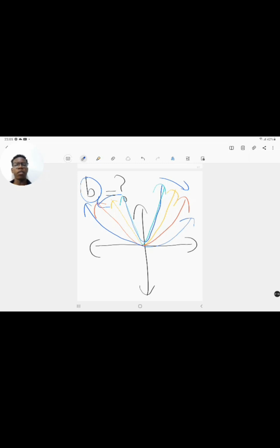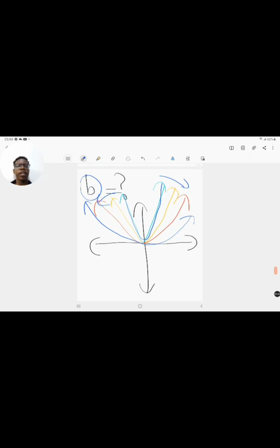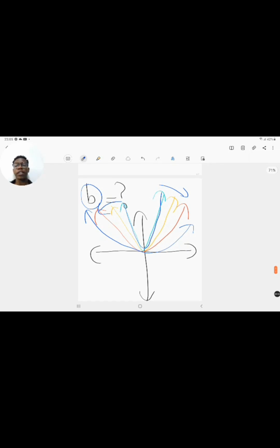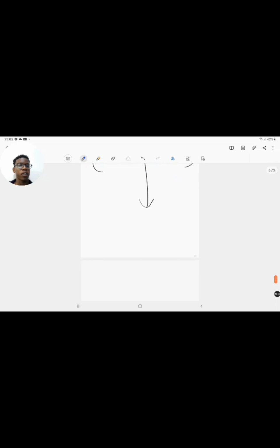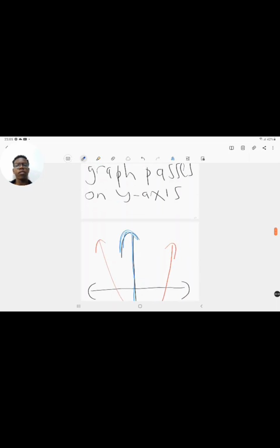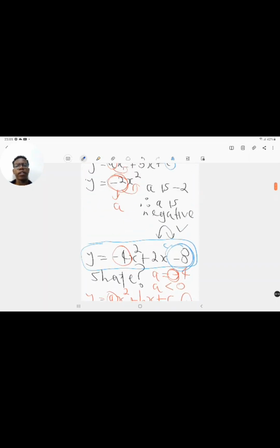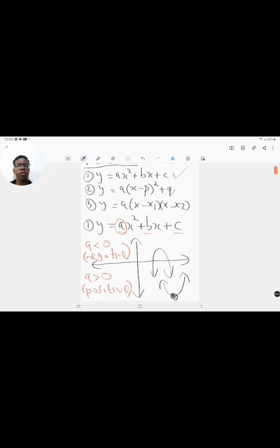It's readily available, and actually more than what I've said here is the case. The main thing that you should understand is A and C. So that's it for the standard form.